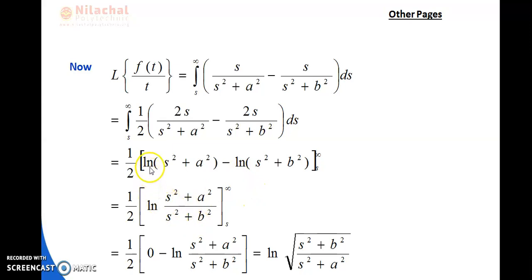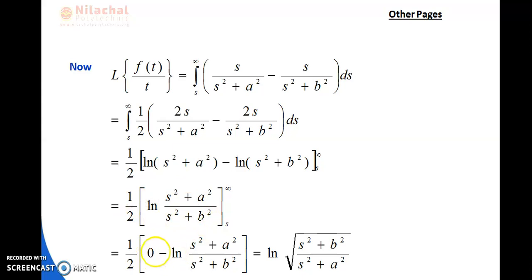We know the logarithm property, log a minus log b is log a by b. So 1 by 2 log a by b. This is your a, this is your b. So log (s square plus a square) by (s square plus b square) from s to infinity. Then whenever we apply infinity in this whole term, it vanishes, means this becomes 0 according to the limit chapter.